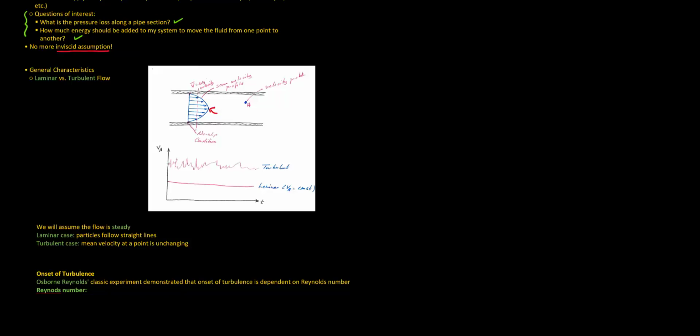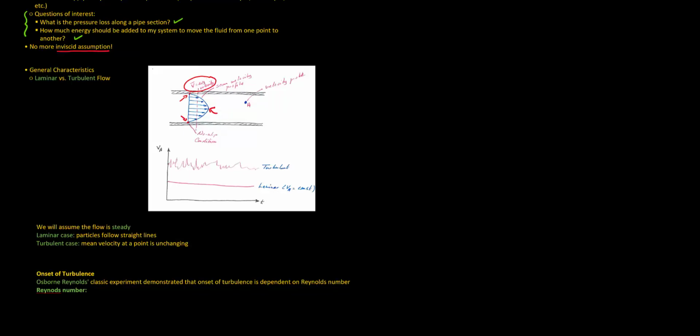So we have some velocity profile, and notice that our velocities go to 0 at the walls due to the no-slip condition. We can also define an average velocity. And this average velocity will of course depend on the velocity profile and the flow regime in which we find ourselves.